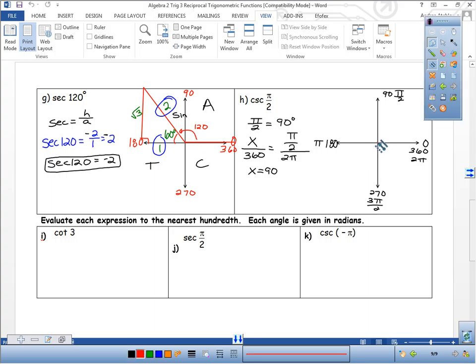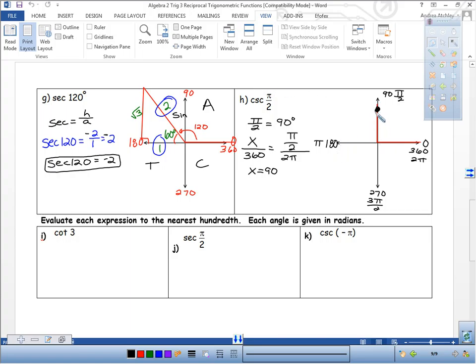So when I graph 90, I am here and here. There's no triangle I can draw. I cannot draw a perpendicular line to the x-axis without drawing the same line again. So I worry about my ordered pairs, my point. Because when I draw my triangle, I draw a perpendicular line to the x-axis to make my triangle.